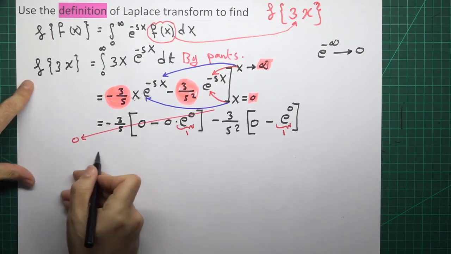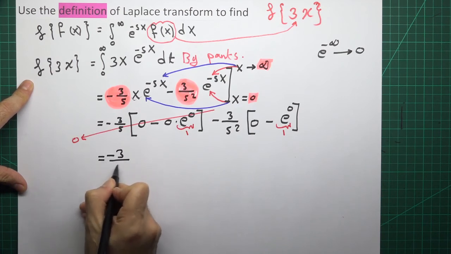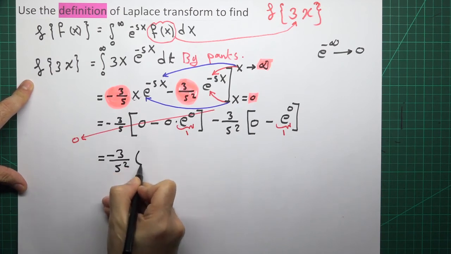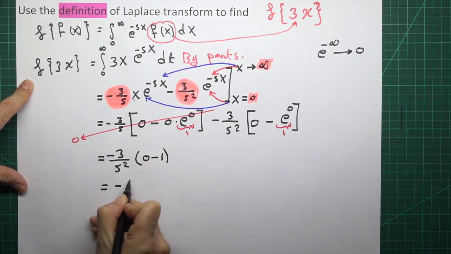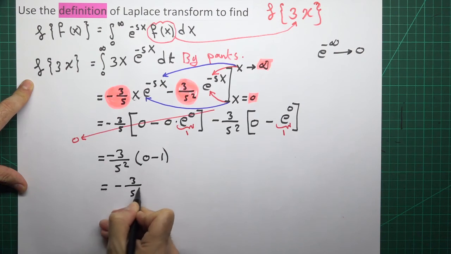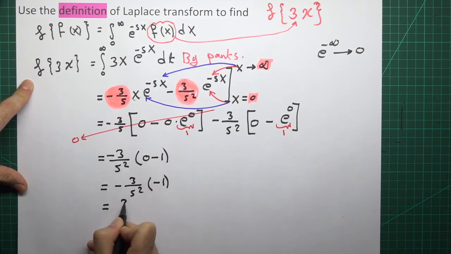So we are left with 3 or minus 3 sorry over s squared times 0 minus 1، يعني it is minus 3 over s squared times minus 1 which is 3 over s squared.